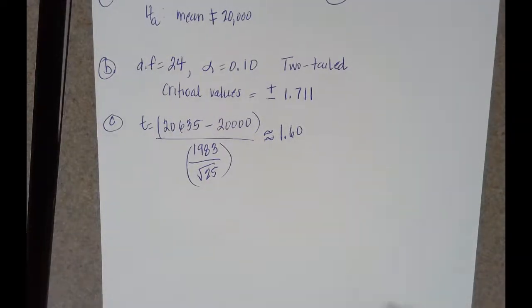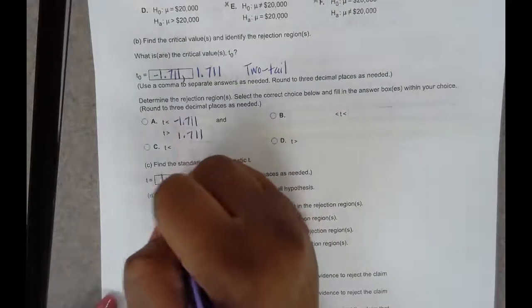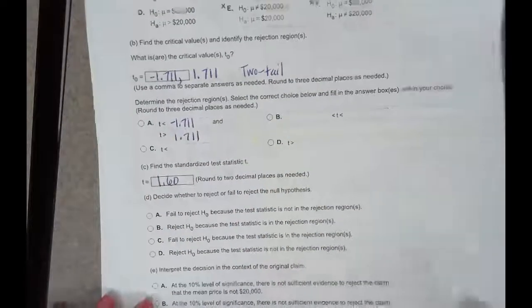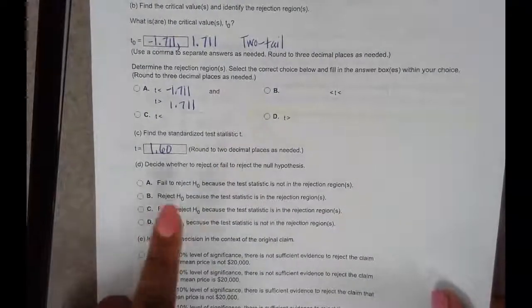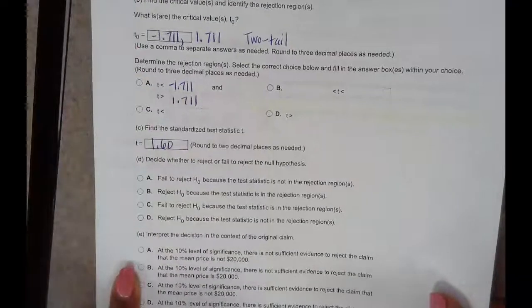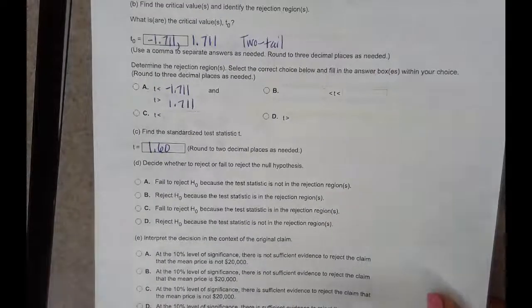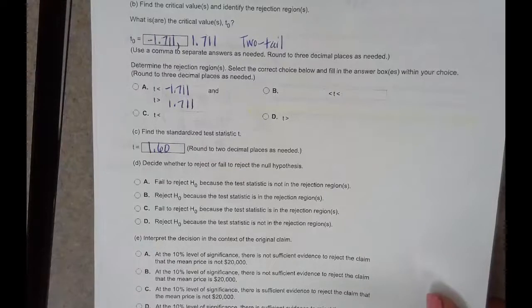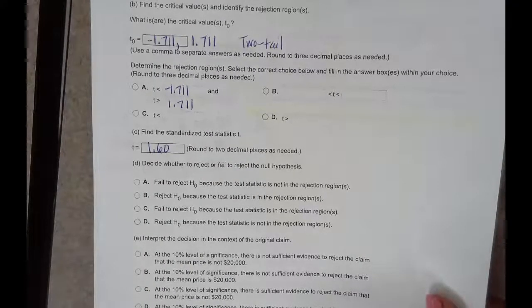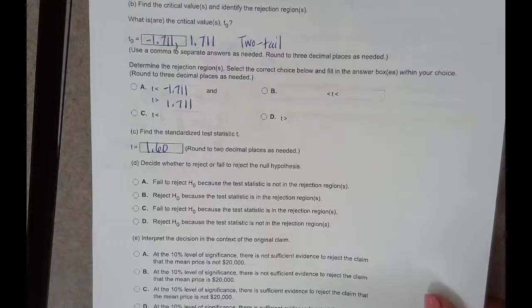Alright, so T is 1.60. Now it's time for us to make a decision. Okay? So notice here we're not given a p-value, so we're not comparing the p-value to alpha. What we're given here is a critical region, and we're given our standardized test statistic.